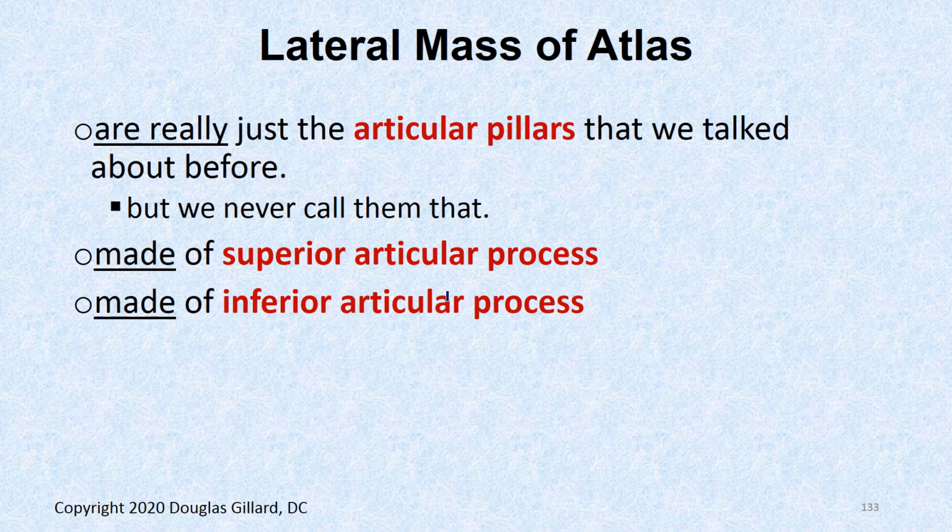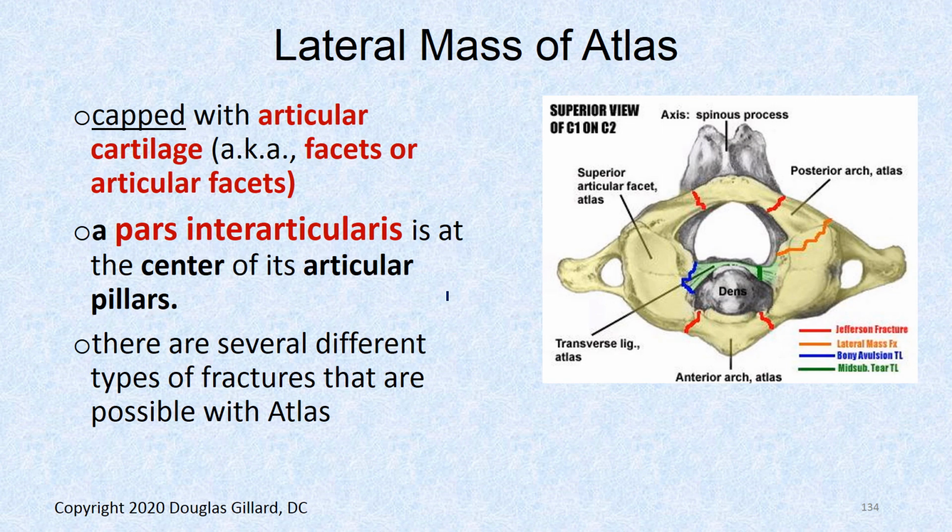Lateral mass is made up of a superior articular process and an inferior articular process. And it's capped with, which you can't see, but we can add it right now, a pad of hyaline cartilage, very strong articular cartilage that caps all joints. We call it the facet of the superior articular process. I guess you could call it facet of the lateral mass, but it's better to call it the facet of the superior articular process.